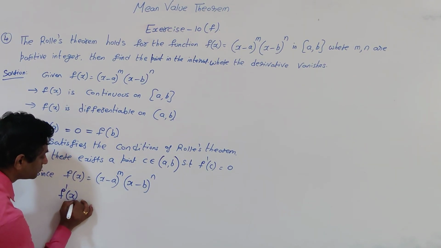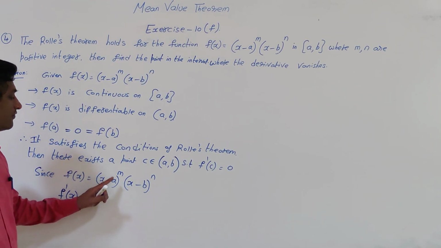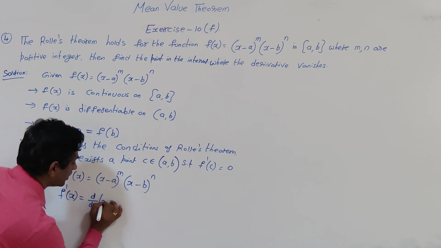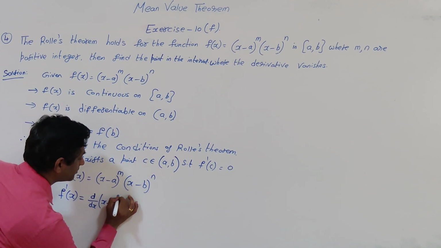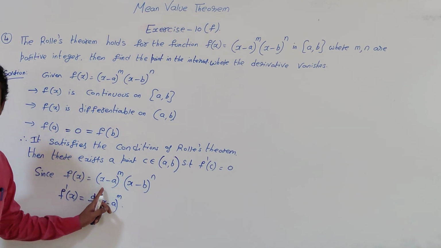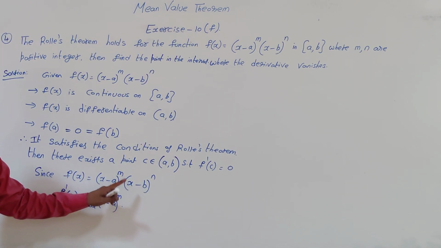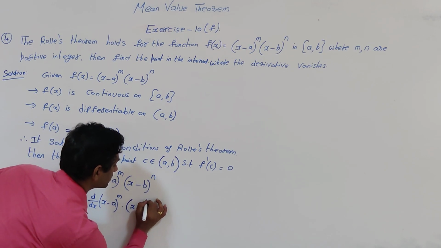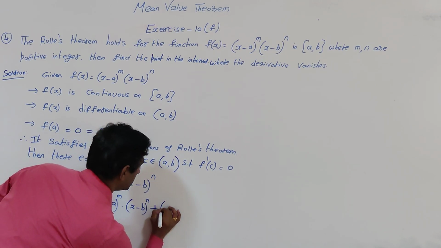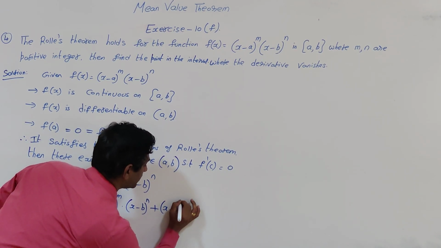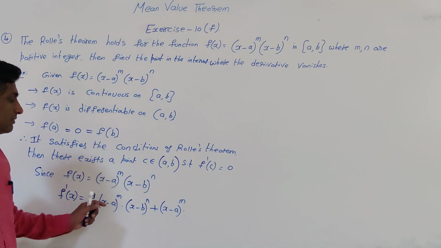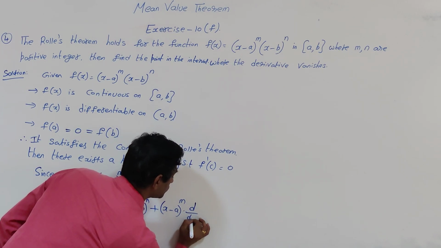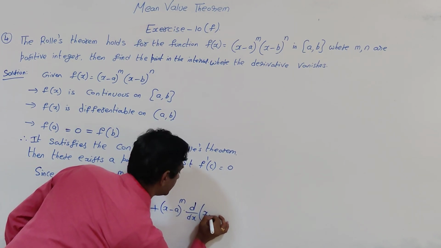F dash of x will be the derivative of the first function, d by dx of x minus a whole to the power of m, multiplied with the second function x minus b whole to the power of n, plus x minus a whole to the power of m, the first function, multiplied with the derivative of the second function, d by dx of x minus b whole to the power of n.